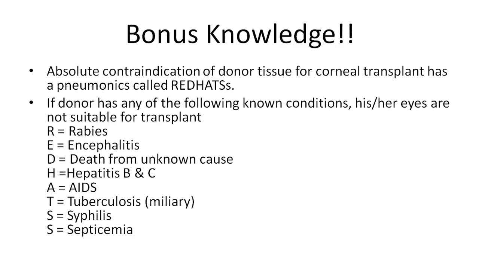So here we want to present the bonus knowledge regarding the absolute contraindications of donor tissue for corneal transplant. We have made a mnemonic called RAID HATS with double S, which stands for: R, Rabies; E, Encephalitis; D, Death from unknown cause; H, Hepatitis B and C; A, AIDS; T, Tuberculosis, which is the miliary tuberculosis; S, Syphilis; and another S, Septicemia.